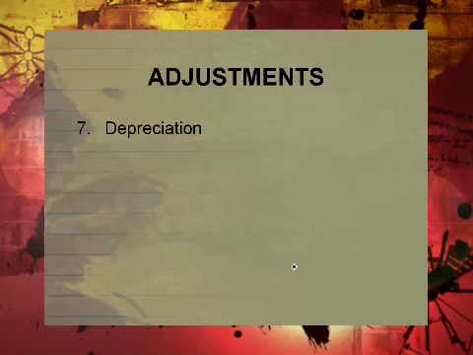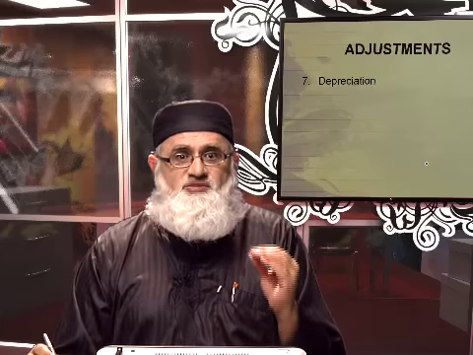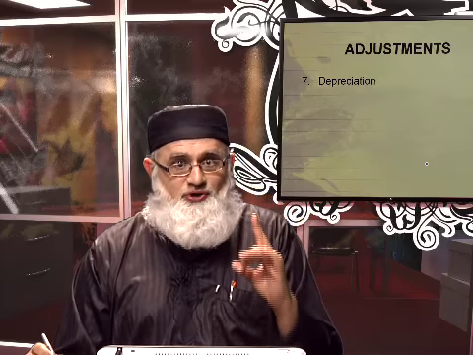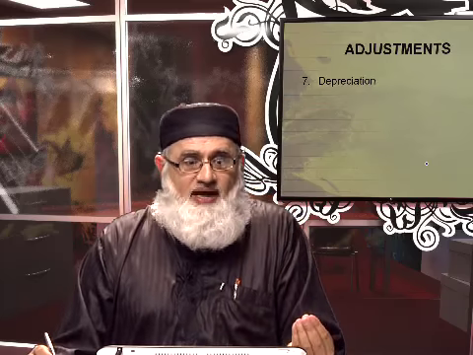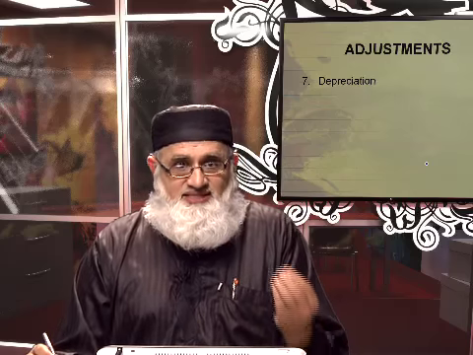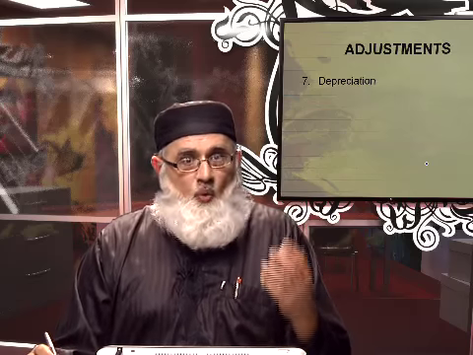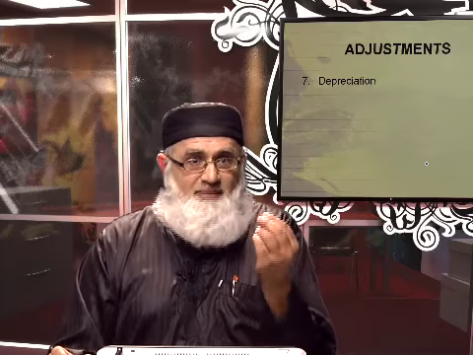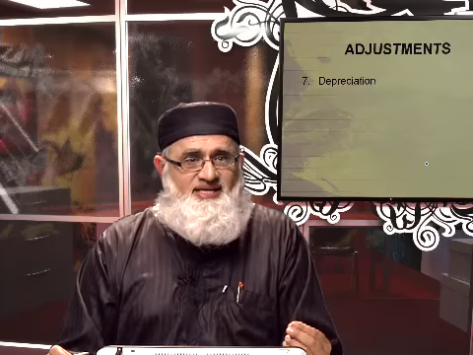Depreciation. What's my double entry for depreciation? Which are my two accounts involved? It will always be a debit to depreciation. Can you remember I said what type of an account is depreciation? Depreciation is an expense. What type of an expense? An imputed expense. You are debiting depreciation because it's an expense.